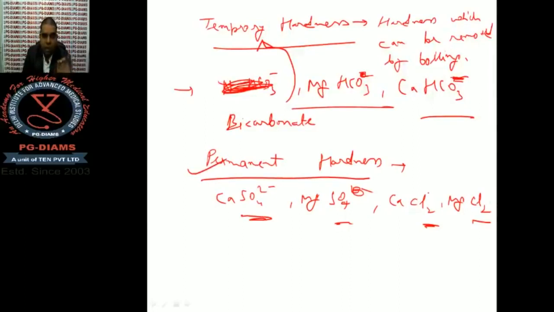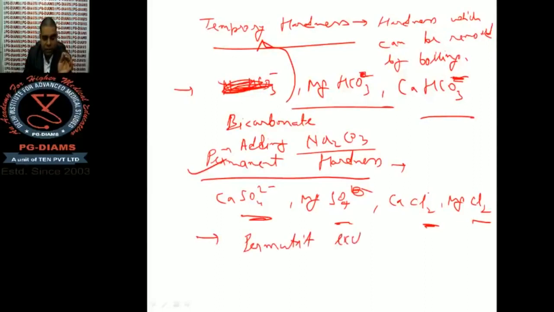The second method to remove temporary hardness is by adding sodium carbonate. The method to remove permanent hardness is the permutit exchange method. What is the permutit exchange method? Permutit is a polymer of sodium, calcium, silica.